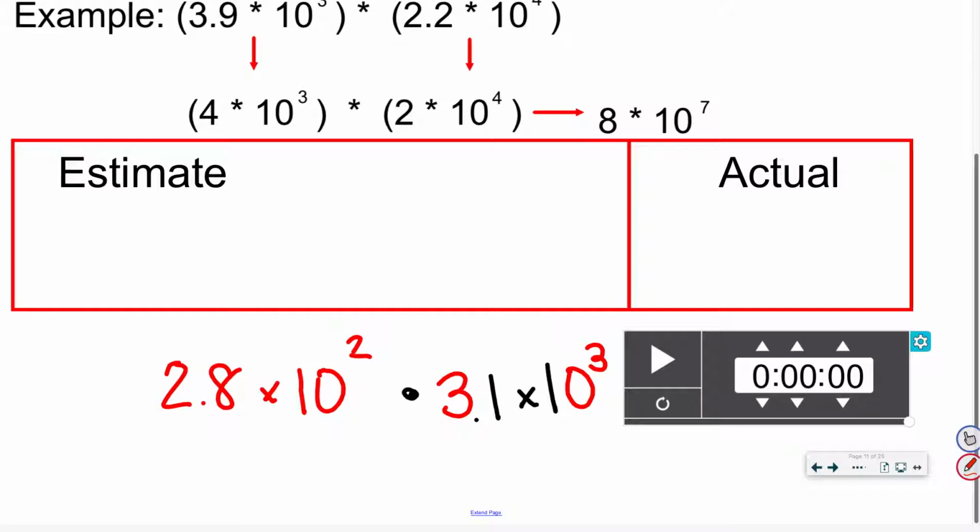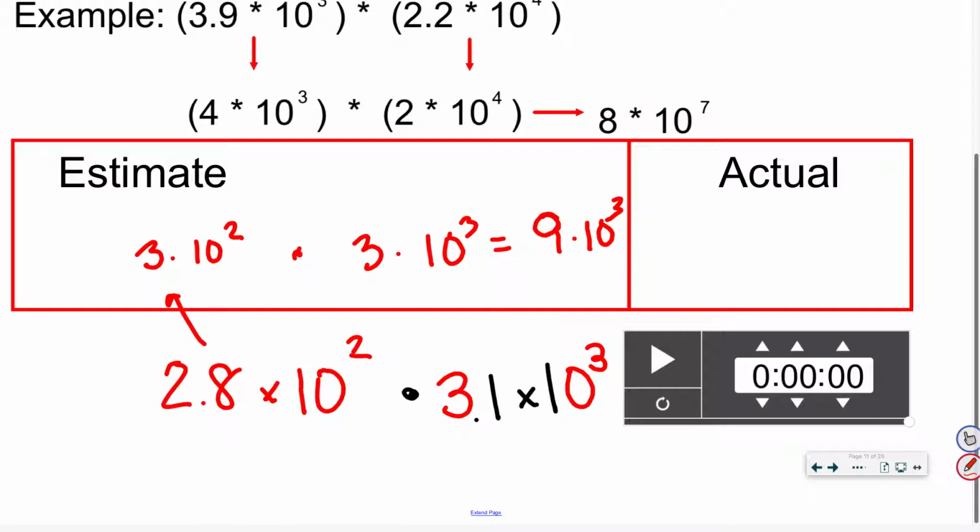Okay. So what do we think? About 3 times 10 to the second times 3 times 10 to the third, which would give us what? About 9 times 10 to the fifth.